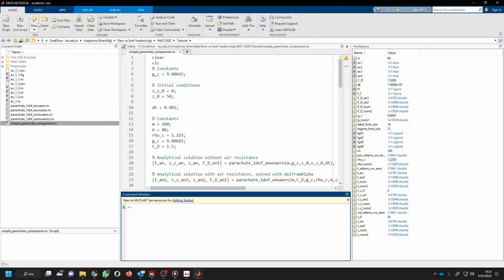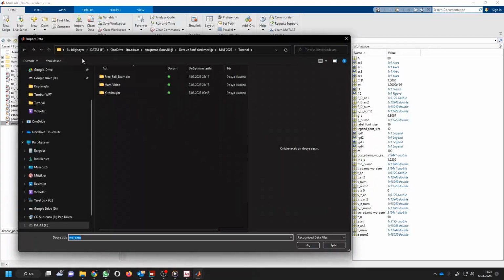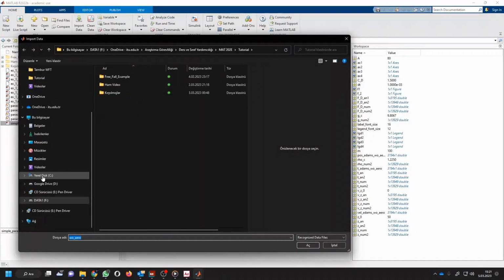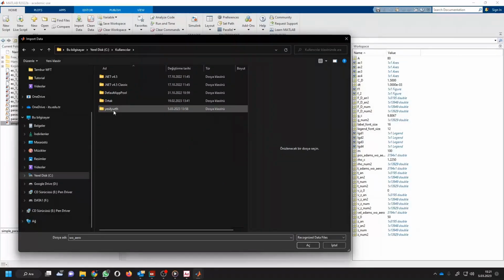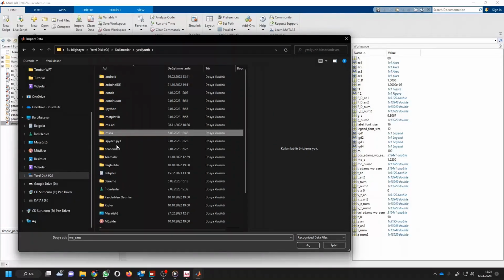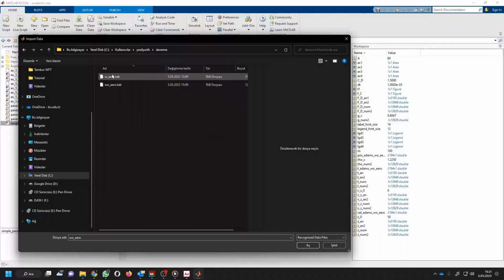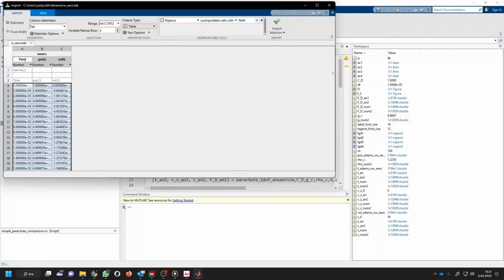I will also import the second model solutions. Go to the same folder. With aero. Okay. t_adams with aero.